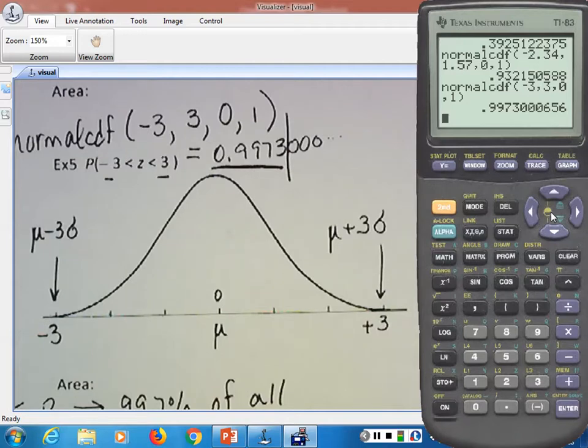There's always at least one throwaway answer in a multiple choice test situation. And then maybe like 0.4973, and then 0.9973. And you should know, because of the empirical rule, that 0.9973 is pretty close to 99.7%. Okay? So don't forget about your empirical rule. It's always useful.